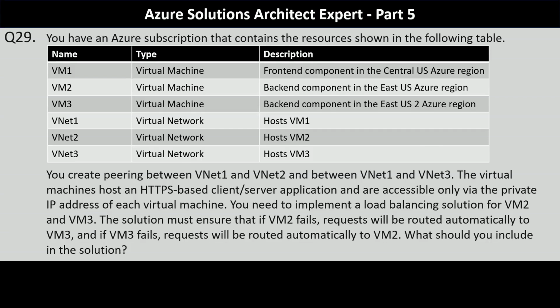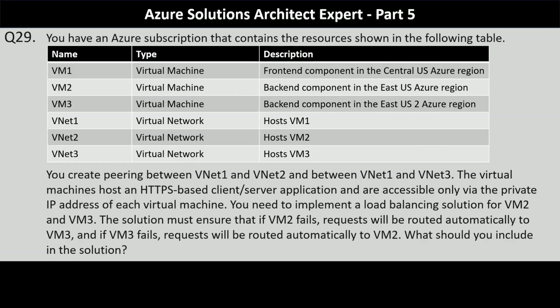You have an Azure subscription that contains the resources shown in the following table. You have 3 resources which are virtual machine type, and then you have 3 resources which are virtual network type. Now VM1 is a front-end component in the Central US Azure region.